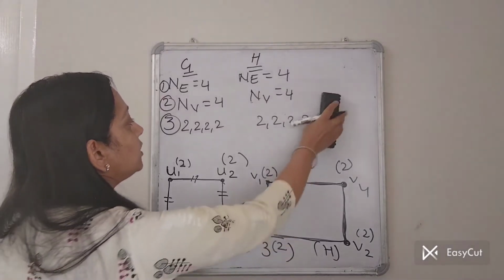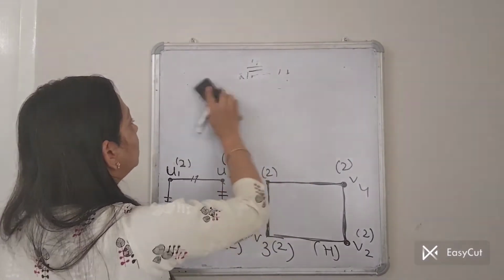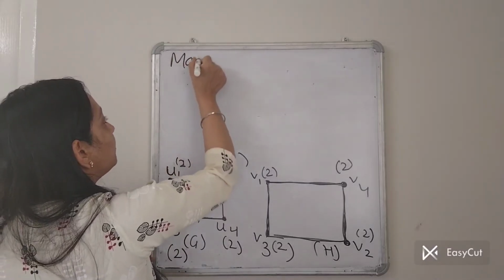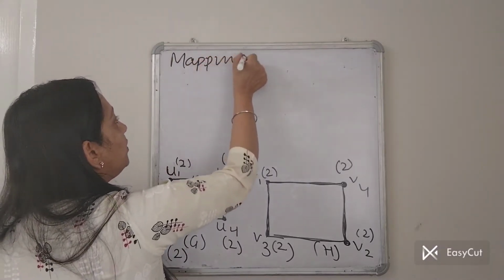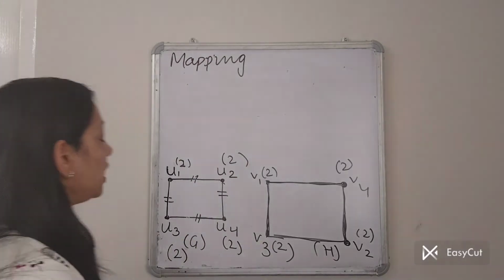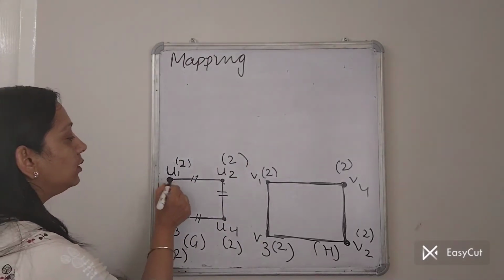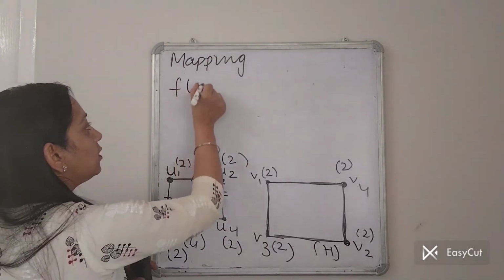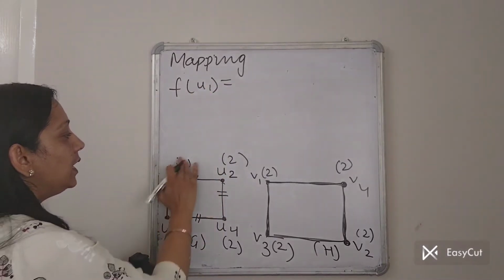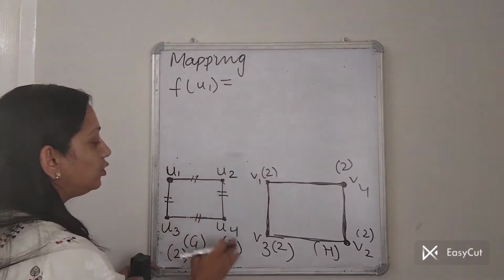Now the next most important task, or the fourth task, is to see the mapping. That means there should be a one-to-one and onto function mapping between these two graphs. Now if I look at vertex U1 of graph G, it can be mapped to which vertex?